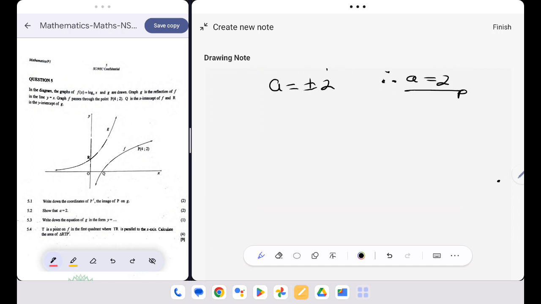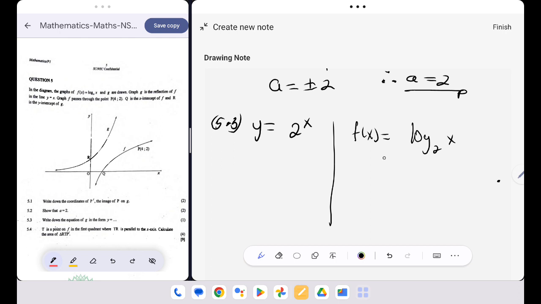Write down the equation of g in the form of y is equal to... 5.3. You can just say this thing is 2 to the power x, né? But how did we get there? We know that f of x is equal to log of x base 2, né?